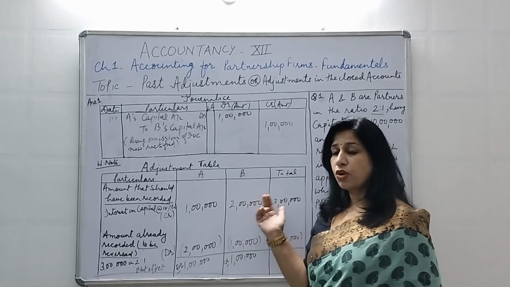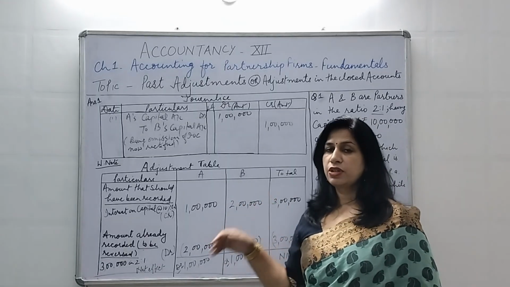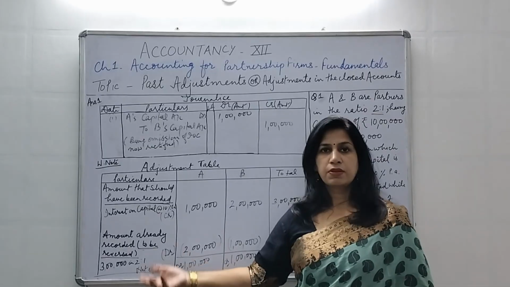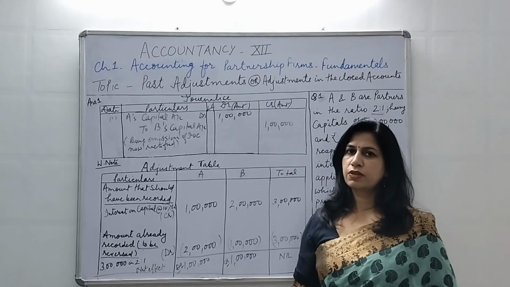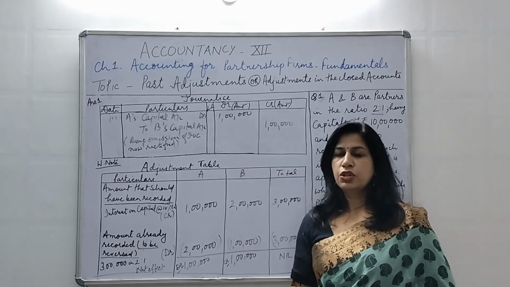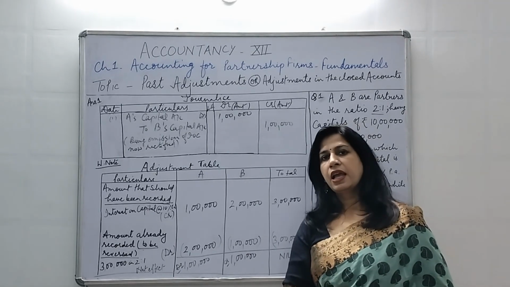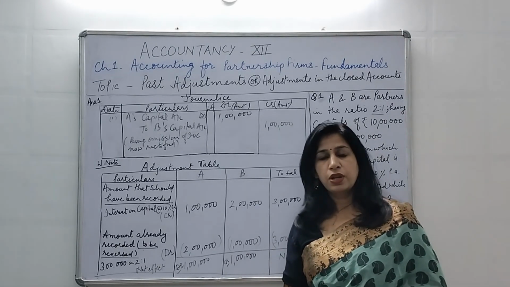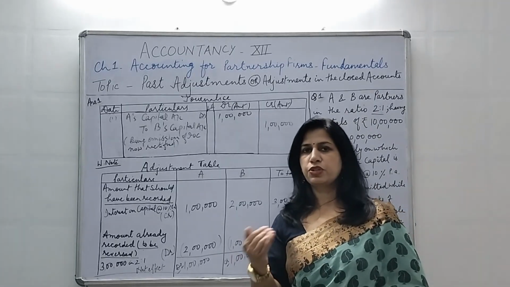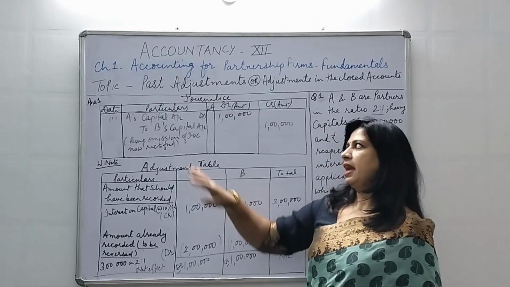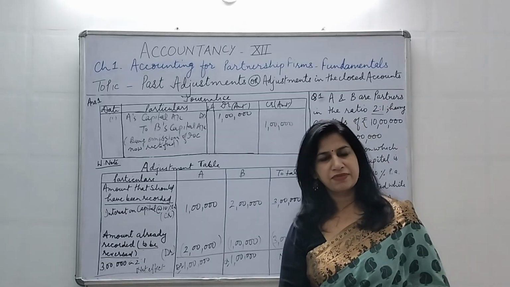So if it has not been given in that ratio, it is actually given in the profit sharing ratio. Then compare the two, and whoever has got less should be given more by crediting, and whoever has got more should be debited, and the money should be taken back from that person, and in this way the entry will appear.